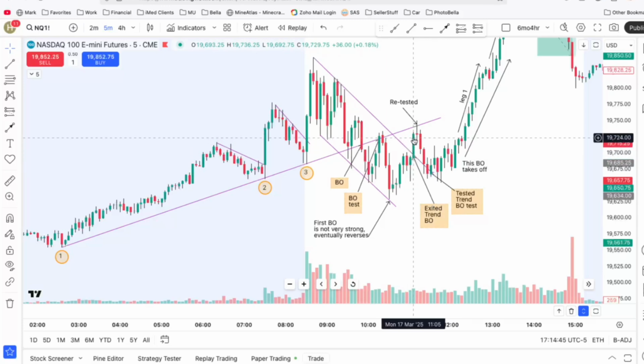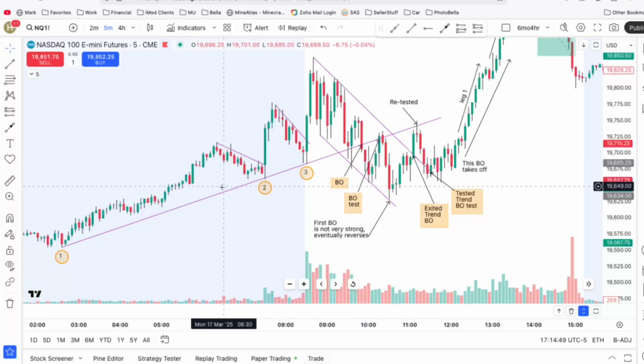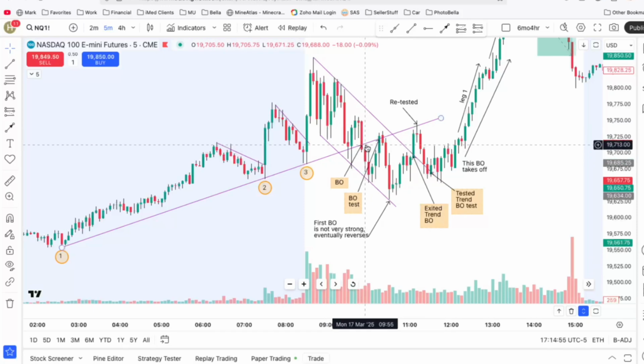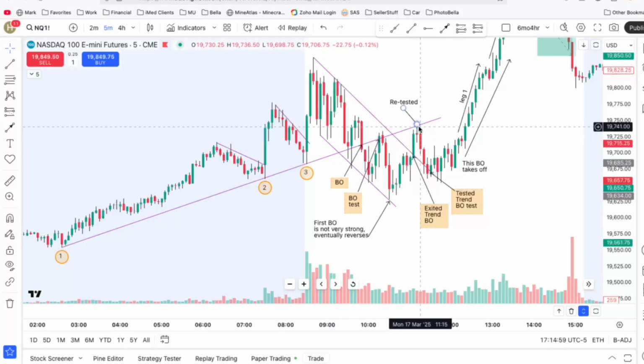And what do we do? We head right back up to this larger trend line and we retest it. So we exited it here, we tested it here, we retested here. So that's the second time that we tested this trend line. We test this trend line and we quickly are rejected.